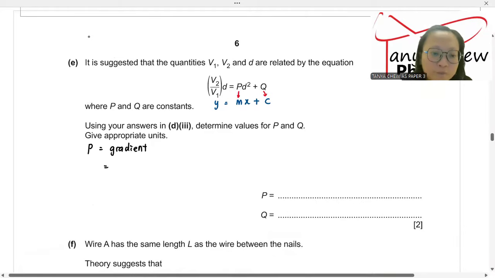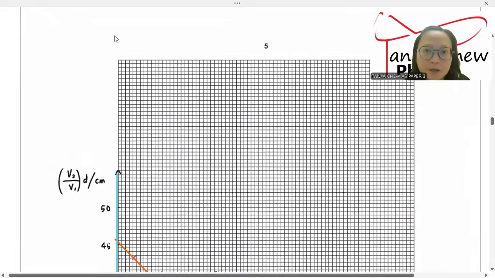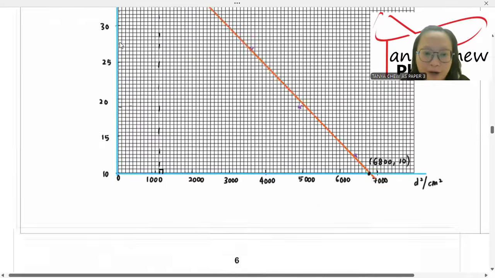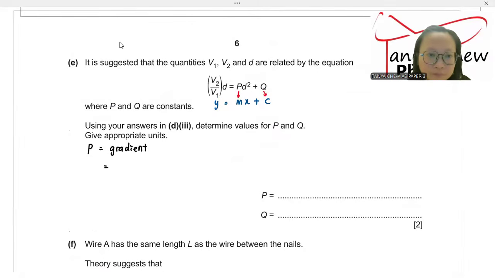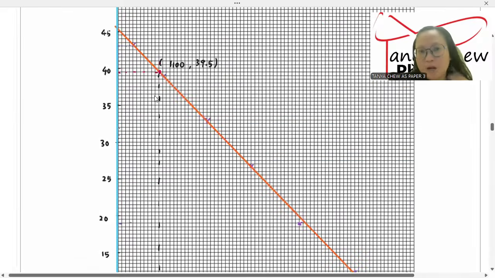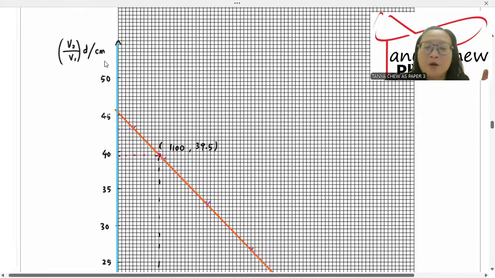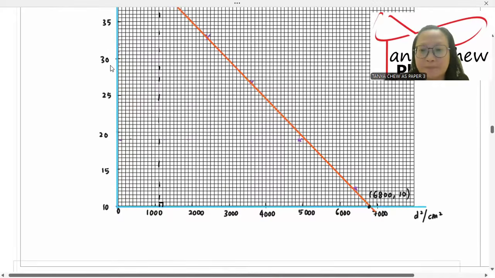Therefore, the value of P is negative 5.18 times 10 to the power of negative 3. Remember, units are very important. How do you calculate gradient? Gradient is y-axis divided by x-axis.